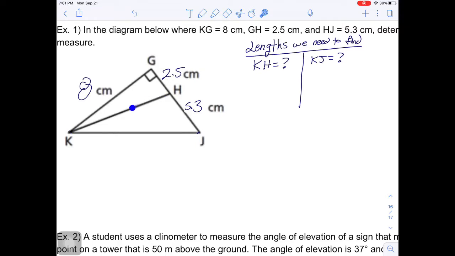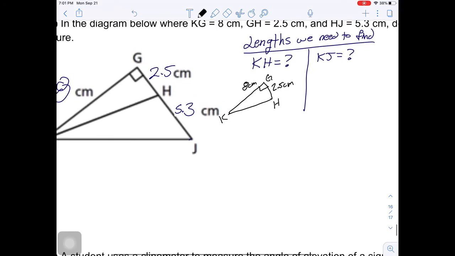Well, something I noticed is there's a triangle here, GKH, and this is a right triangle. So let's draw that triangle out to the best of our ability. So this is KGH. Recognize I've just taken this triangle out and drawn it here. There is a 90-degree angle here, and we know two sides to this thing.